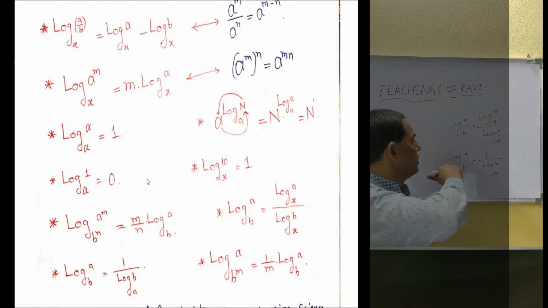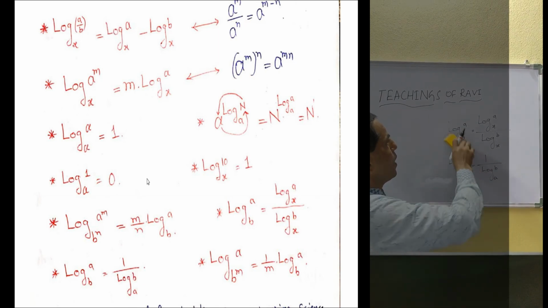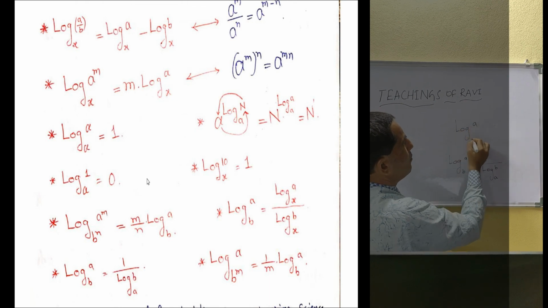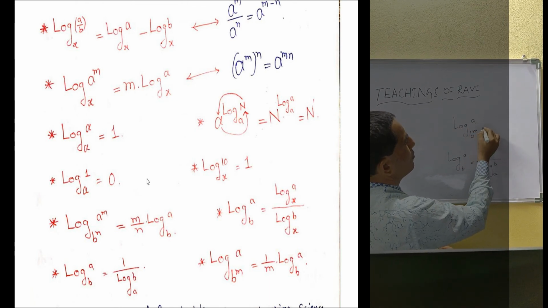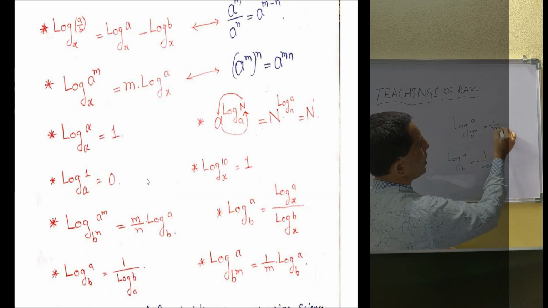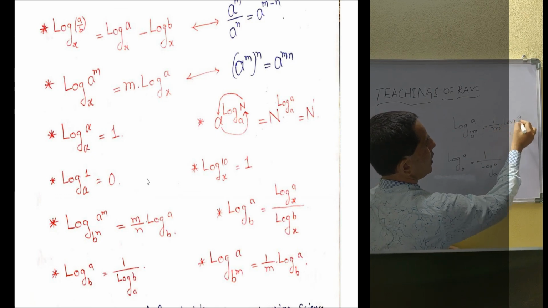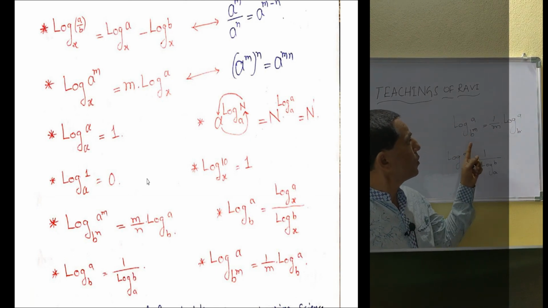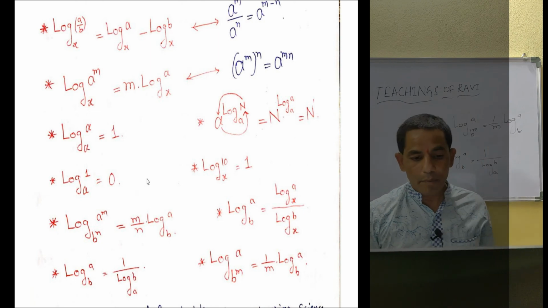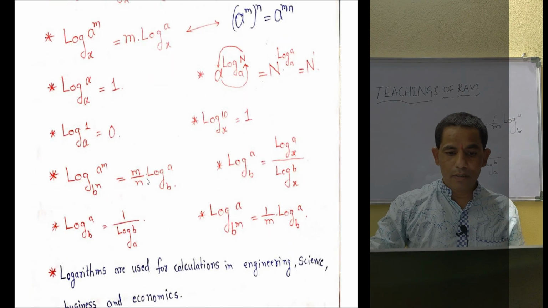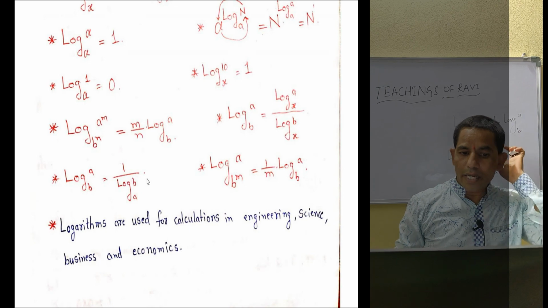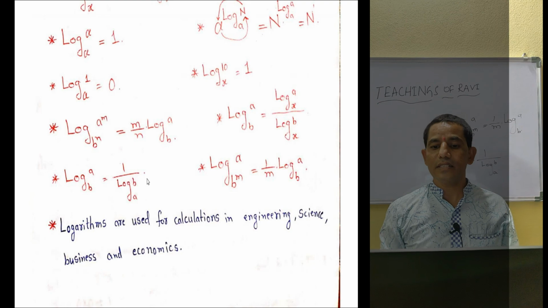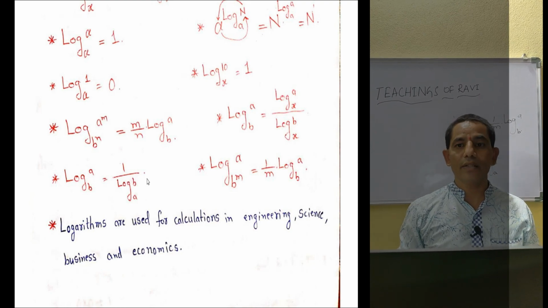And the last one: log a base b to the power of m is equal to 1 by m into log a base b. Next, logarithms are used for calculations in engineering, science, business and economics.